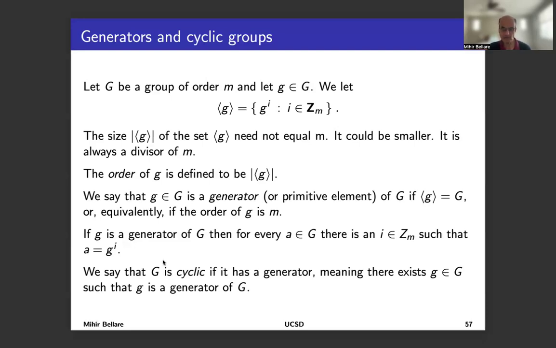Now, if I hand you a group, there are some points in it that are generators and some not. And in fact, not every group even has a generator. Maybe some groups don't have any point that's a generator. We prefer the ones that do, and we call those cyclic. A group is cyclic if there exists at least one little g in the group which has this generator property, meaning every other point in the group can be written as a power of this generator.